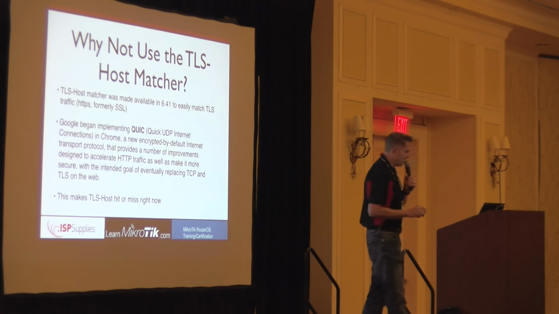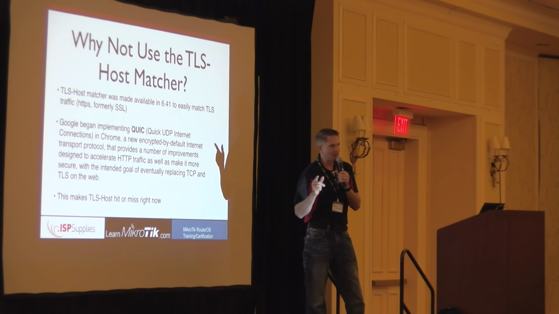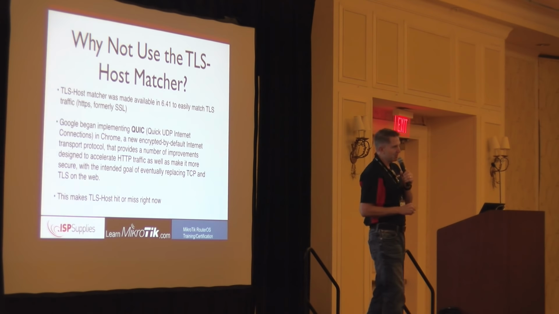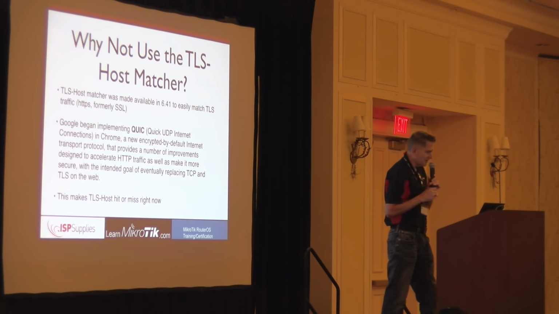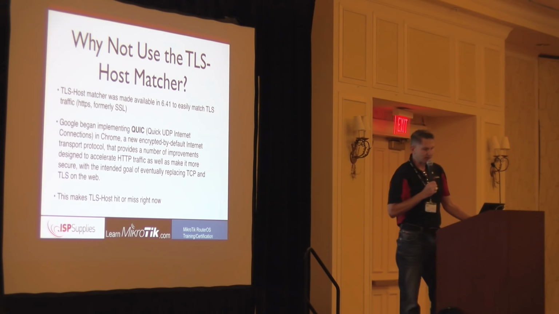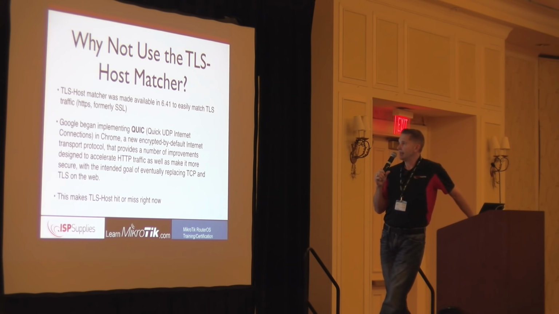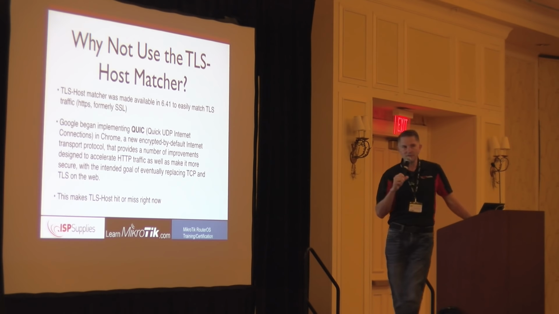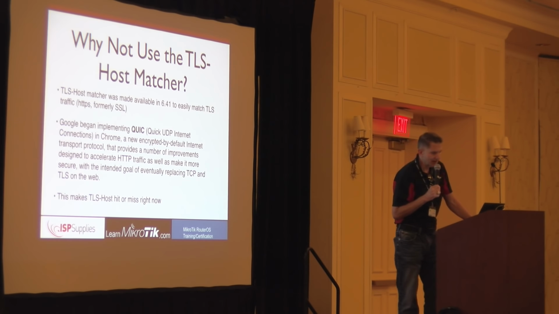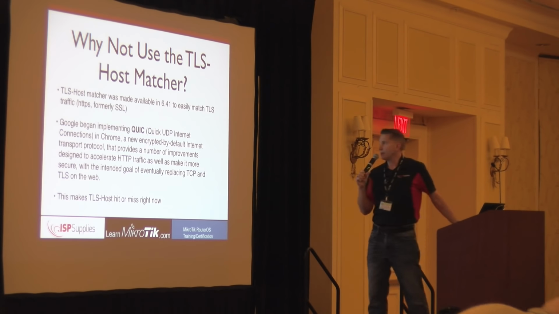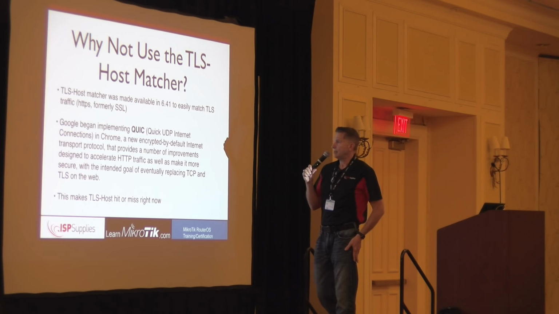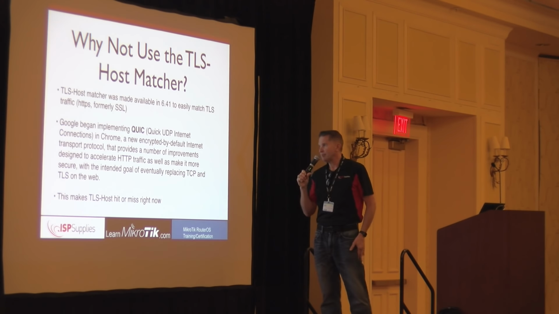Okay, now I know the smart guys in the room are saying, well, why don't you just use the TLS Host Matcher they told us about last year? Well, that is a really cool feature. Unfortunately, it came out about a year ago, and of course, Google, being innovative like they are, they have begun implementing something called Quick UDP Internet Connections, and it's present in Chrome.